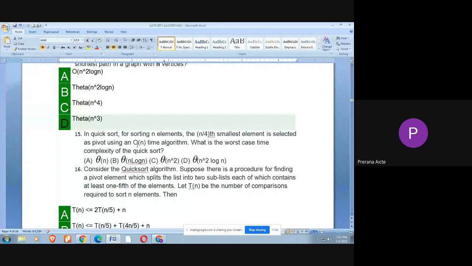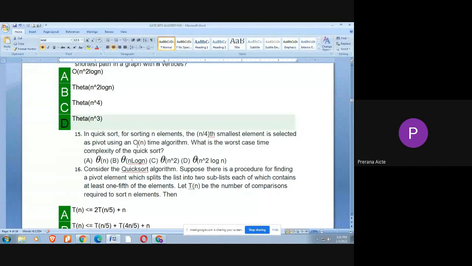For the case where n by 5 elements are in one subset, P of n by 5 comparisons are needed. Here we are supposed to consider n by 4th smallest element as the pivot.